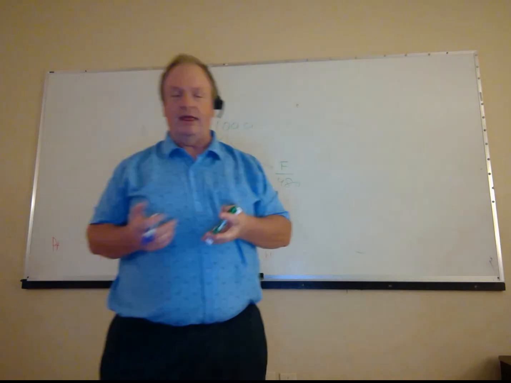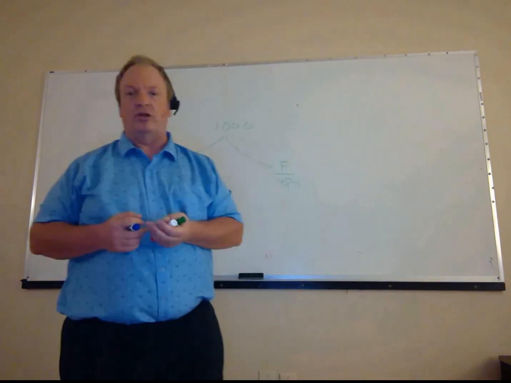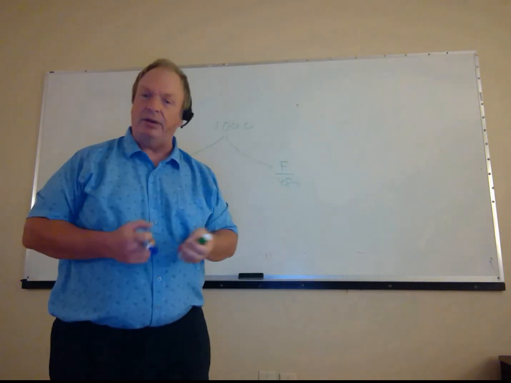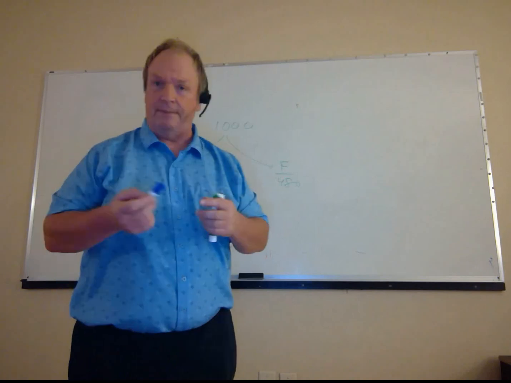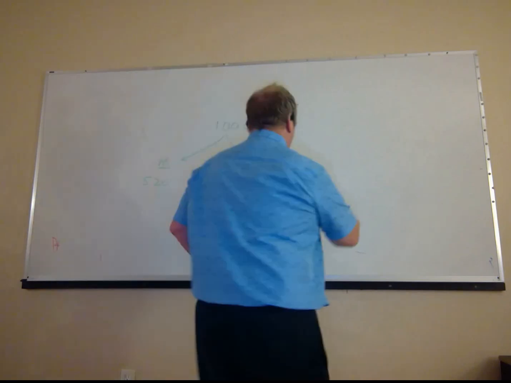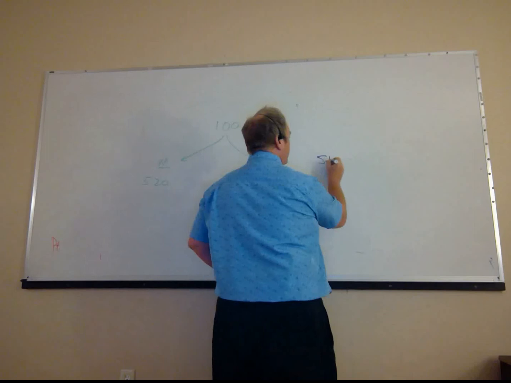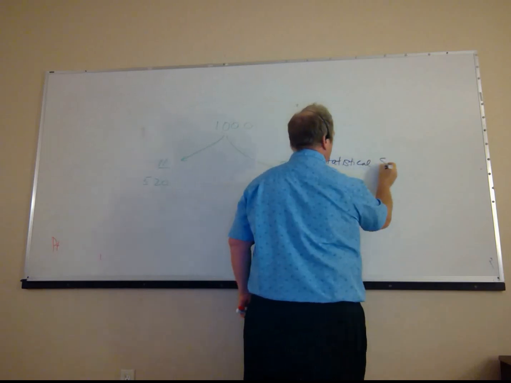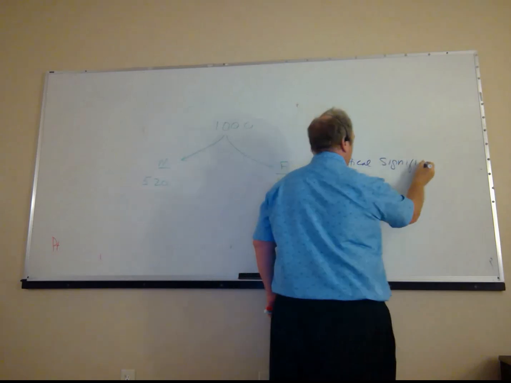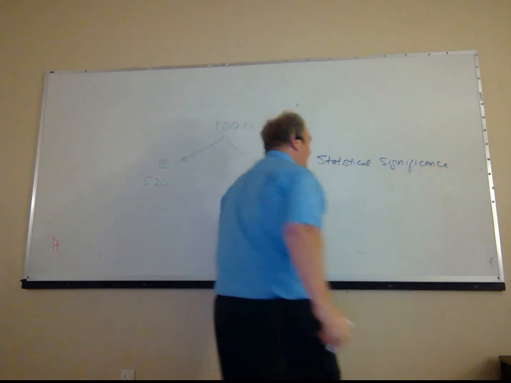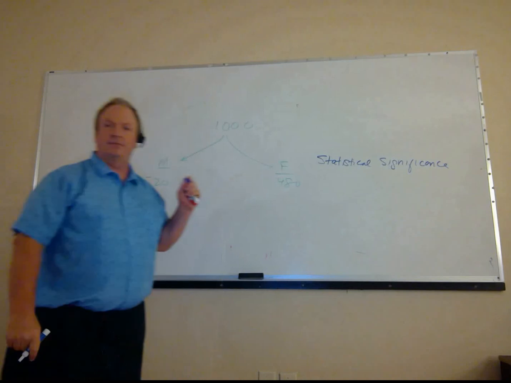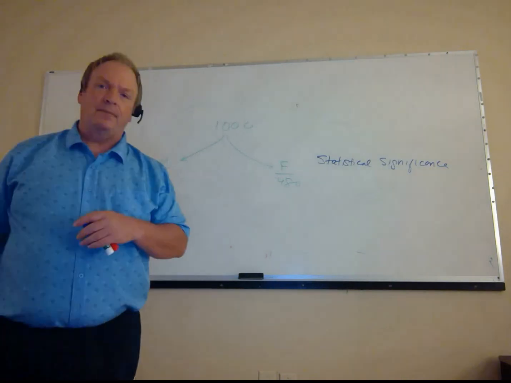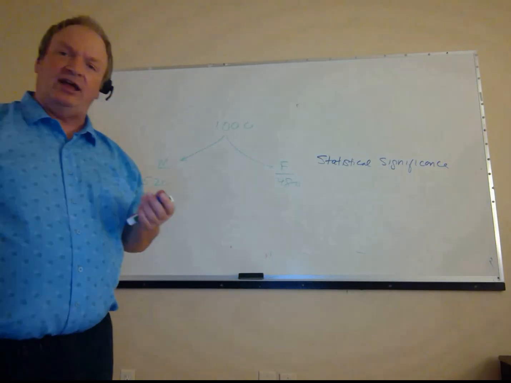The question is, when is that variation so large that it can't happen by random chance, or it's too unlikely? And so the criteria for statistical significance is when an event only has a 5% chance of occurring or less.